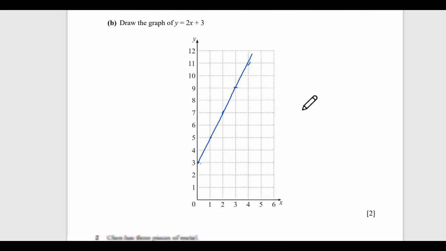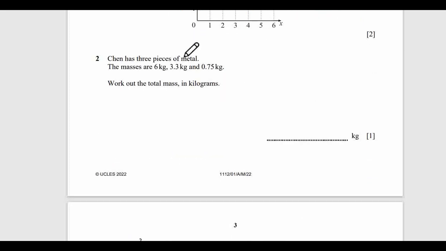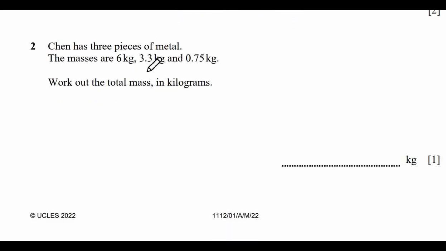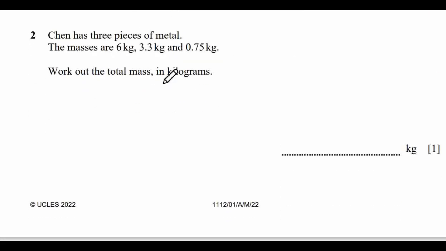Next, question 2. Pen has 3 pieces of metal. The masses are 6 kg, 3.3 kg, and 0.75 kg. Work out the total mass in kilograms. So you just have to add 6 plus 3.3 and 0.75.